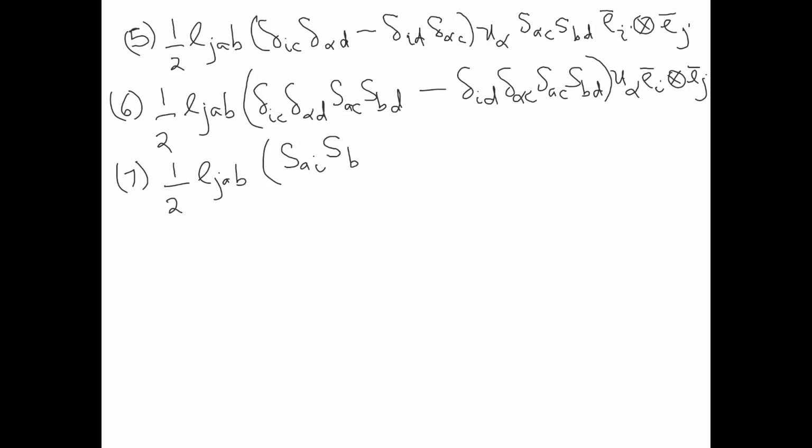SB alpha, the chronicle delta alpha D disappears because I've used the substitution symbol characteristics of that chronicle delta, minus SA alpha, the chronicle delta alpha C goes off, SBI, the chronicle delta ID goes off, U alpha EI EJ. So I just use that substitution symbol. Step 7, are we good?